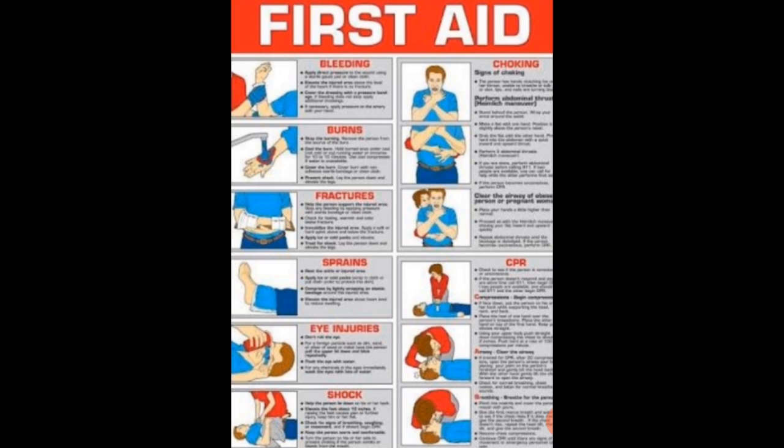The next one is snake bites. Snakes most often bite on the leg, foot, hands, or arms. Snake bites occur near field areas or where trees are found, mainly in forest areas.